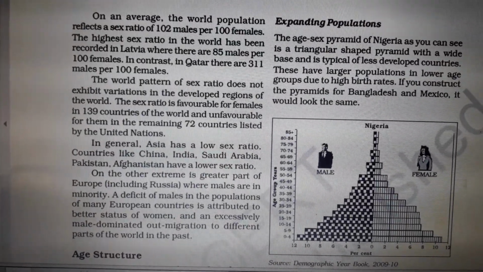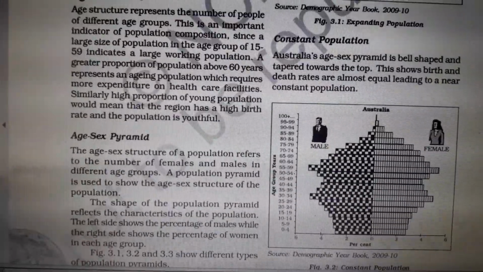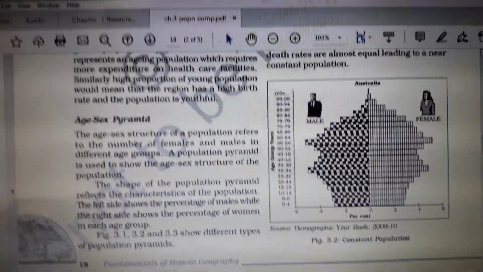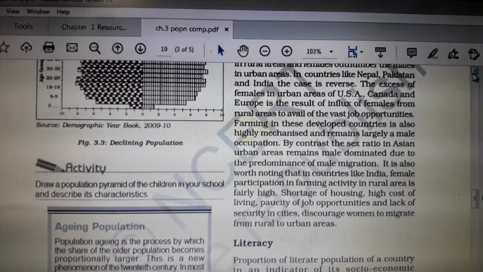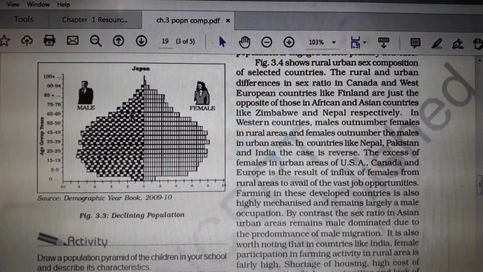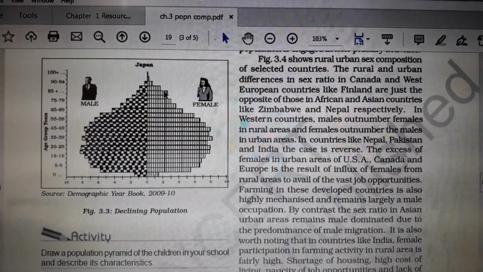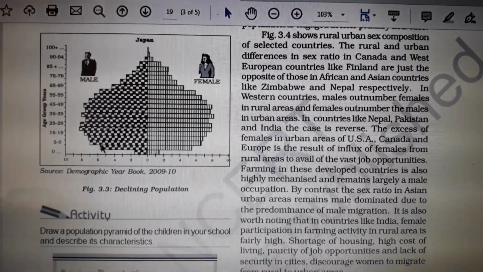Now next you can see Europe, Western countries like Europe. Here, for example, Japan. You can see that the base is very small compared to the developing country.